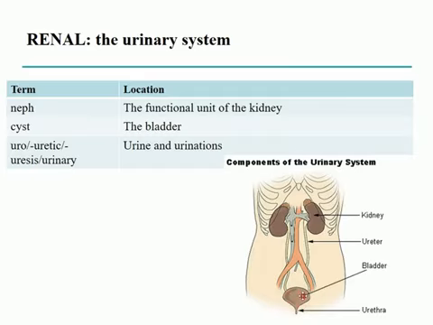This is where the urine is stored before you go to the toilet. And you'll see the ureters and the urethra, and in fact urine and urination, all have this same root. So you can add, again, you can have it as a prefix or as a suffix.